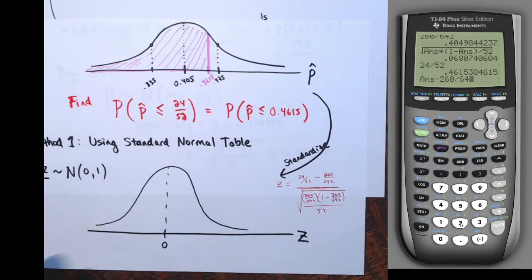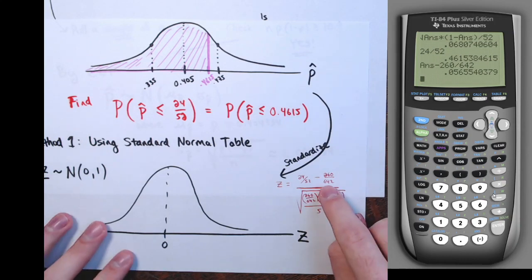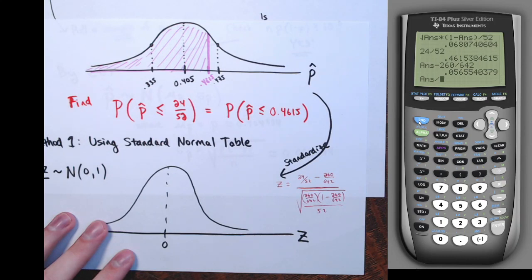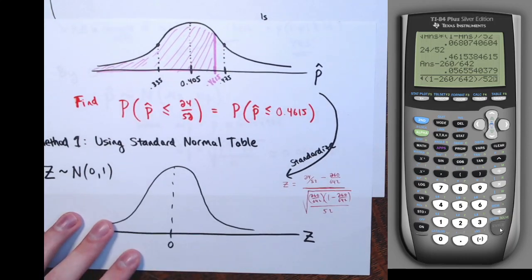All right, so this is the numerator here. That's 0.056 something. And then divided by the square root of the 260 out of 642 times, and then parentheses, 1 minus that, 1 minus 260 out of 642, close parentheses, divided by the sample size, 52, and make sure that's all under the square root.